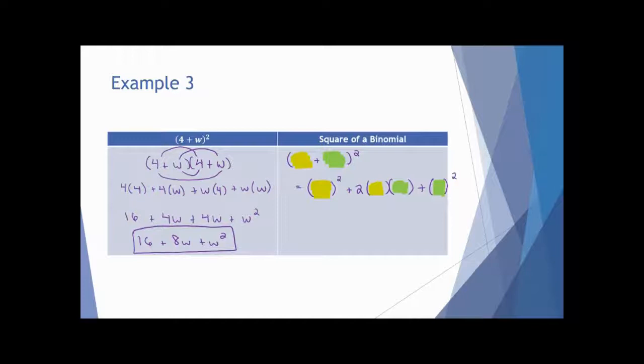So if I was to use this pattern with this particular example, 4 plus w squared, the 4 is going to be the yellow, and the w is going to be the green.